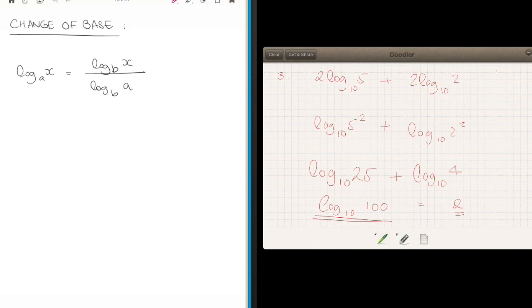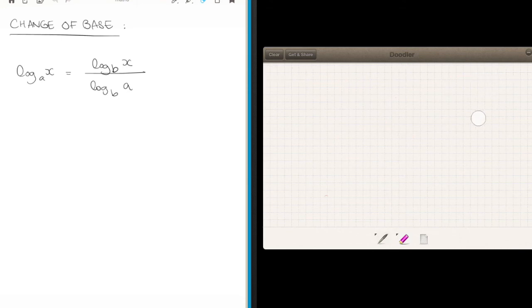So now we will look at the change of base, and this is not a rule, but it will come later, and it is handy when you're solving problems. So you have log base a of x. Say you have log base 2 of x, but your problem requires you to solve only in log base 6 of x.